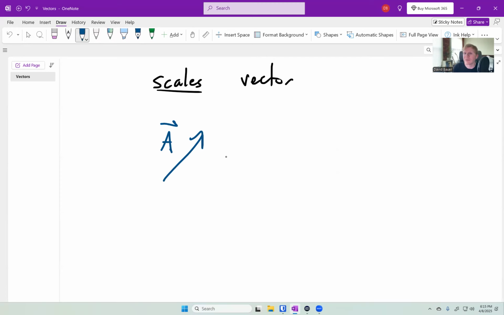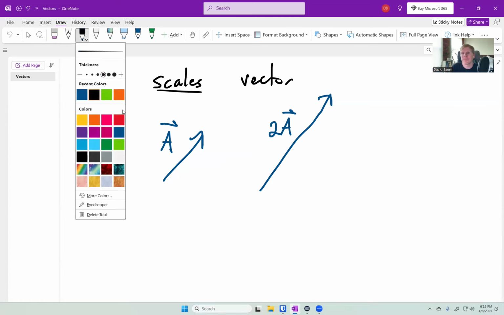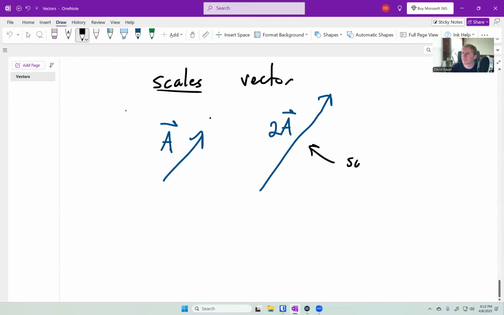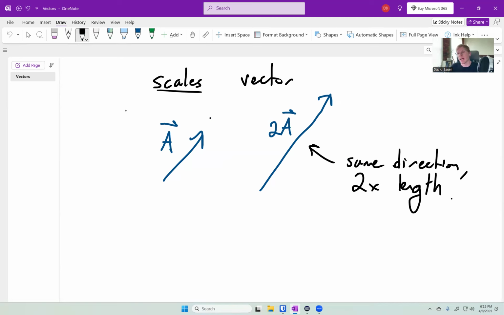Okay, so for example, if this is a, 2 times a is a vector in the same direction, which is twice as long. And if I were to multiply a by 1/2, I would get a vector pointing in the same direction that's half as long. Now, if I multiply it by a negative scalar, then I get a vector that points opposite the vector I started with.